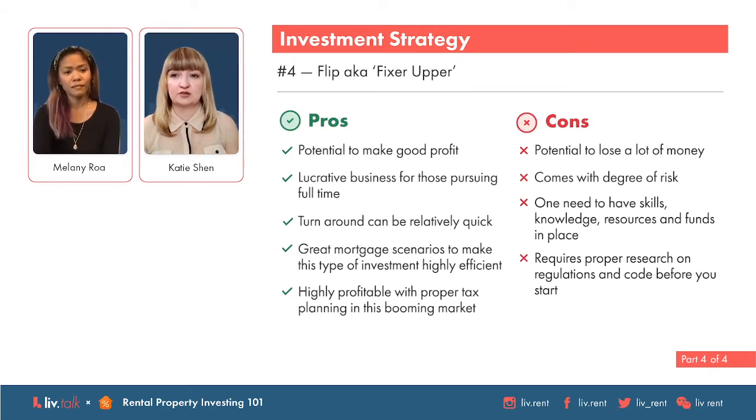Not only can an investor make significant returns on investment, but also turn around relatively quickly, given the right scenario. There are great mortgage scenarios to make this type of investment highly efficient. And considering the right tax planning for the strategy, it is highly profitable, especially in the current booming real estate market. Of course, there are a couple of drawbacks.